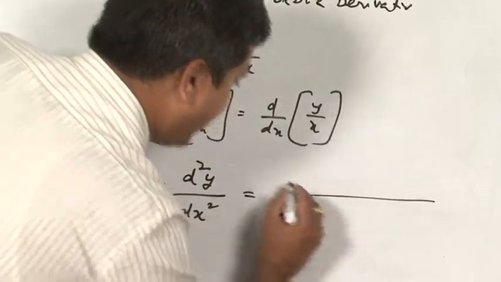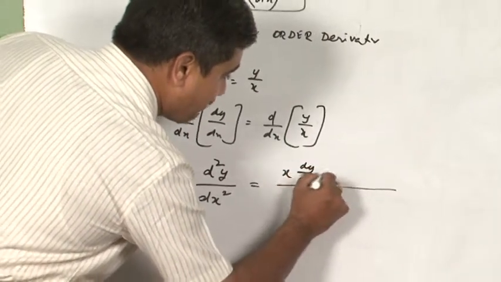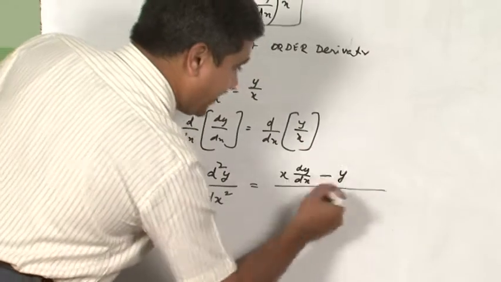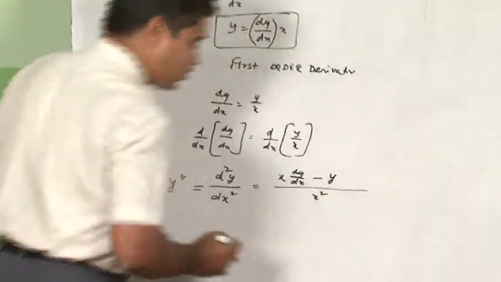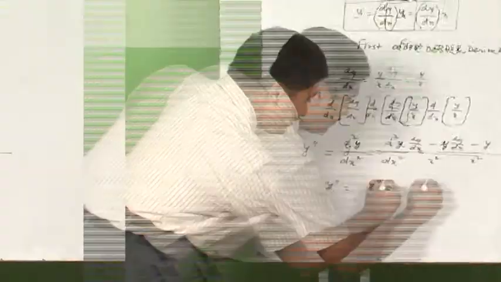The u by v rule is v u dash, that is x dy by dx minus y, differentiating x is 1, and divided by x square. So this is what we call y double dash.